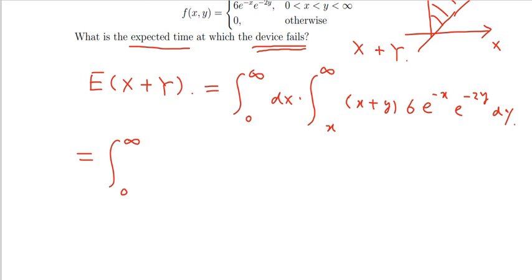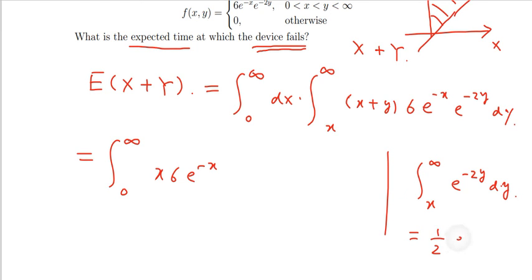Here we have two parts: x e^(-x), which is constant, times e^(-y). So just like this, x from infinity, e^(-2y), dx dy. Here x is constant, so this integration equals half e^(-2x).